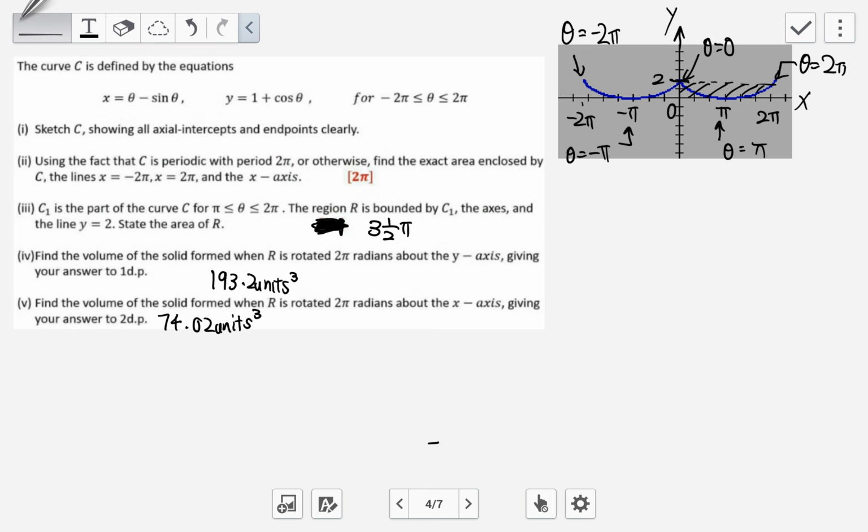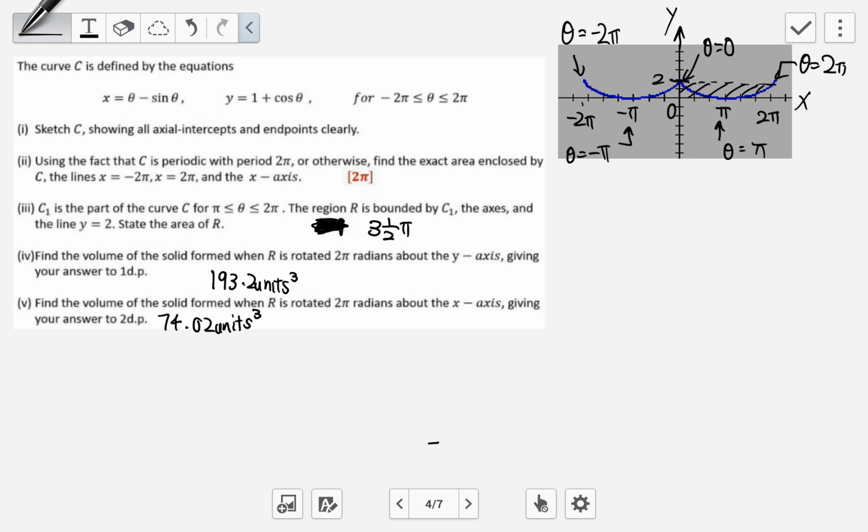Now find the volume of the solid when it's rotated 2 pi about the y-axis. That means this solid is rotated when R is the region bounded by C1. So this region is rotated about the y-axis, right?